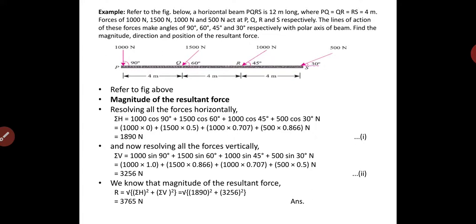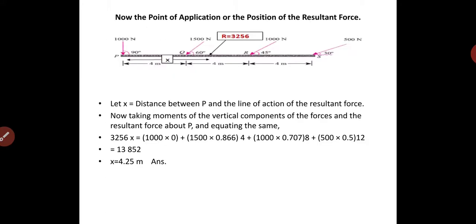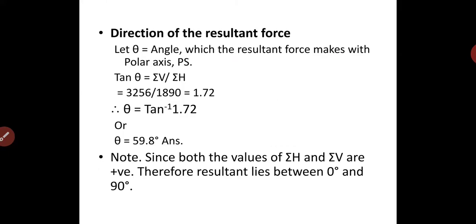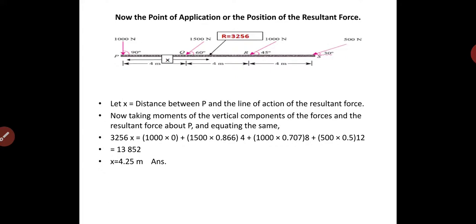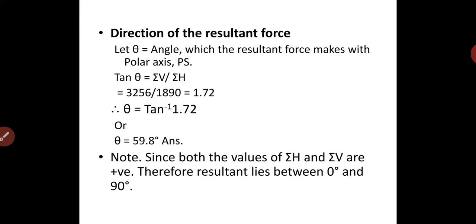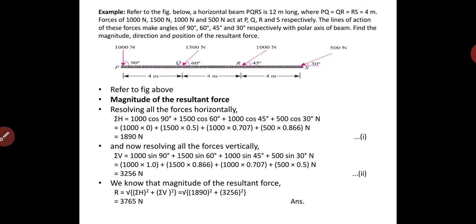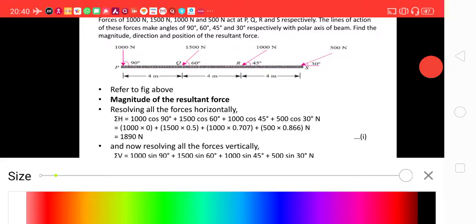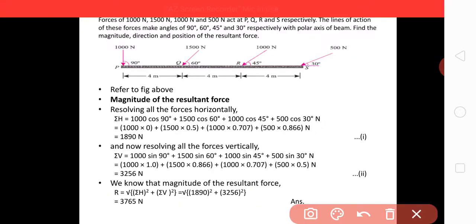Here refer to the figure above. For the magnitude of the resultant force, resolving all the forces horizontally, summation H equal to 1000 cos 90, plus 1500 cos 60, plus 1000 cos 45, plus 500 cos 30, which comes out to be 1890 Newton.